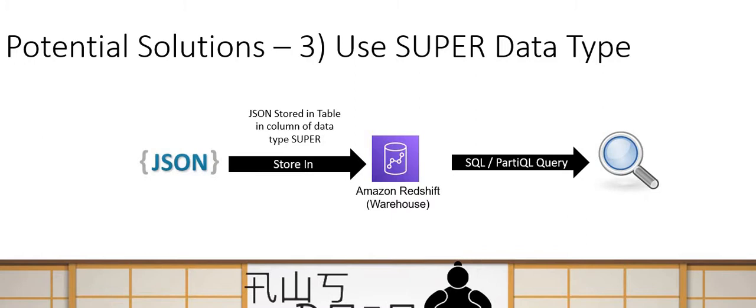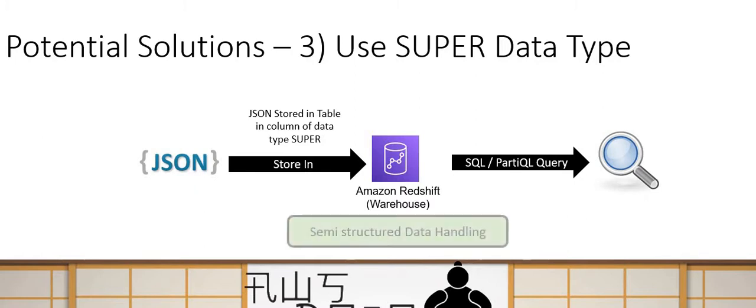Okay, and this is the third approach, and this is the approach which I'm going to talk about in greater detail today. This approach has been made possible because AWS recently announced that Redshift clusters can now handle semi-structured data, and this semi-structured data handling feature is what lets you store JSON in a Redshift table and also query this JSON document using SQL and PartiQL queries.